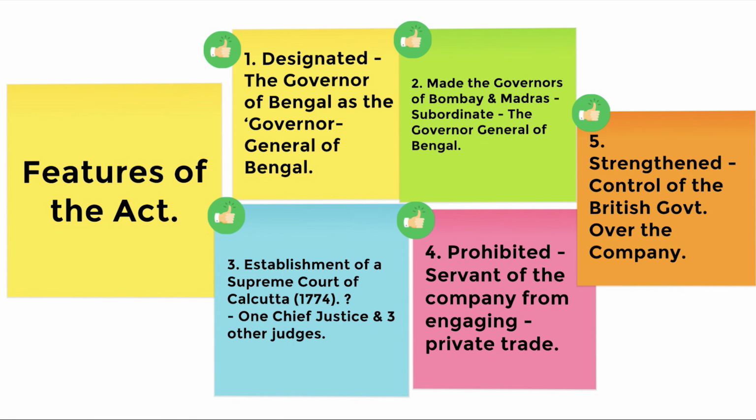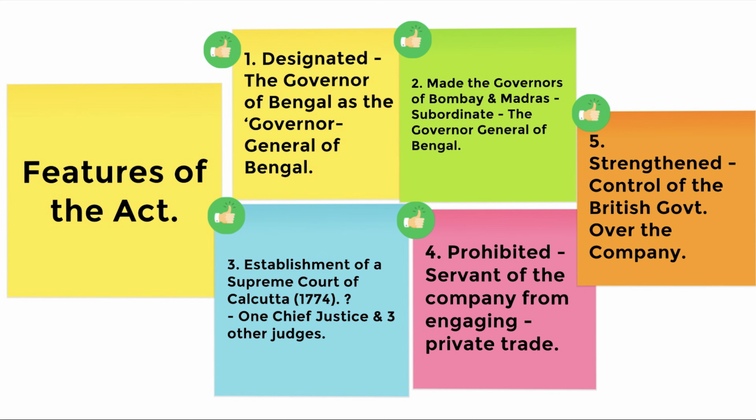That means they cannot take anything for granted. They cannot just operate, they cannot just carry out the entire trade, or for that matter the governing and functioning, without prior informing and taking permission from the British government.